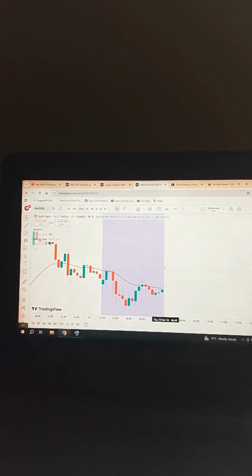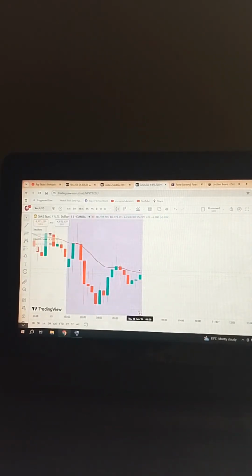You can see it's approaching our entry now. This is what we are waiting for, guys. Let's wait together so that we can buy.